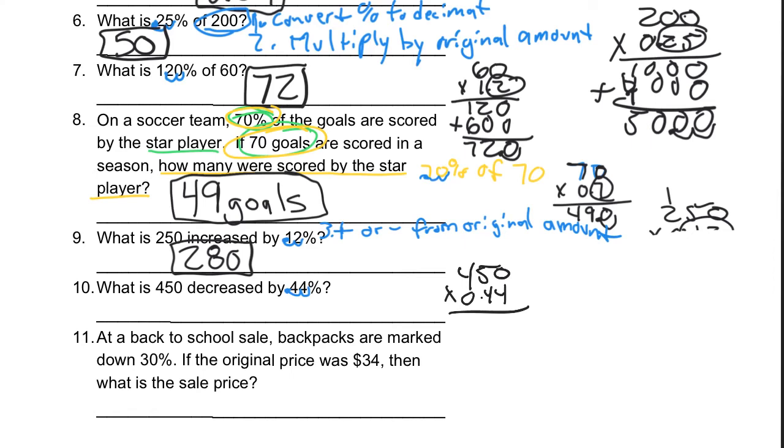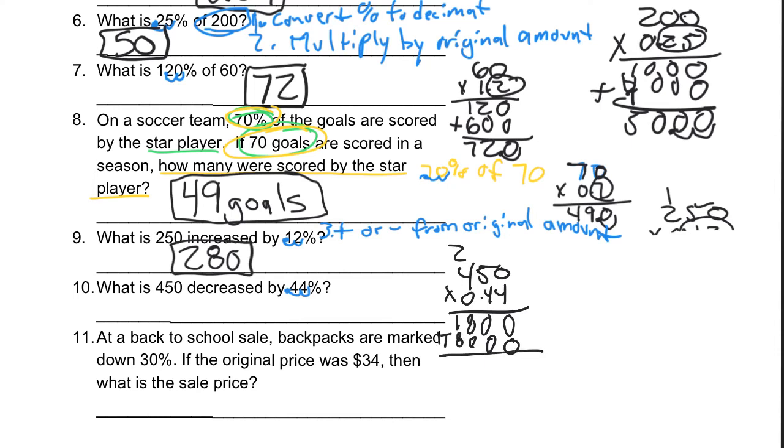All right. Well, 4 times 0 is 0. 4 times 5 is 20. 4 times 4 is 16 plus 2 is 18. All right, bring the 0 down. 4 times 0, I'm doing the same thing, okay? So 0, 4 times 5 is 20, 4 times 4 is 16 plus 2 is 18. All right.